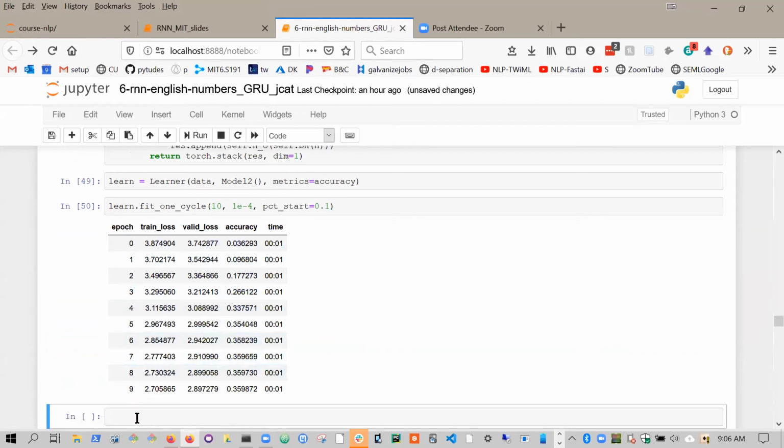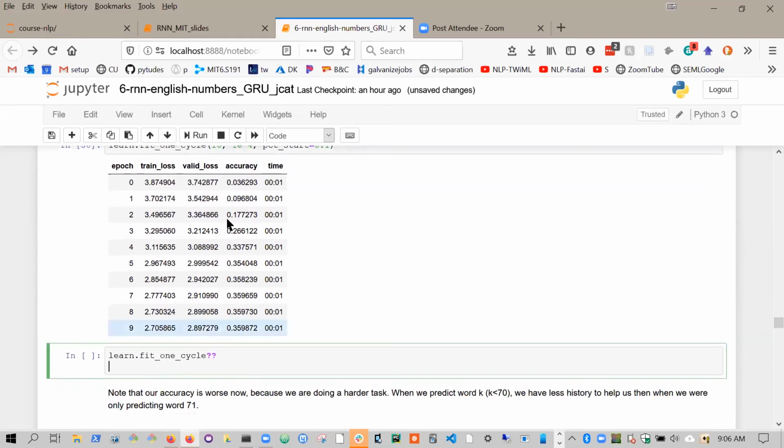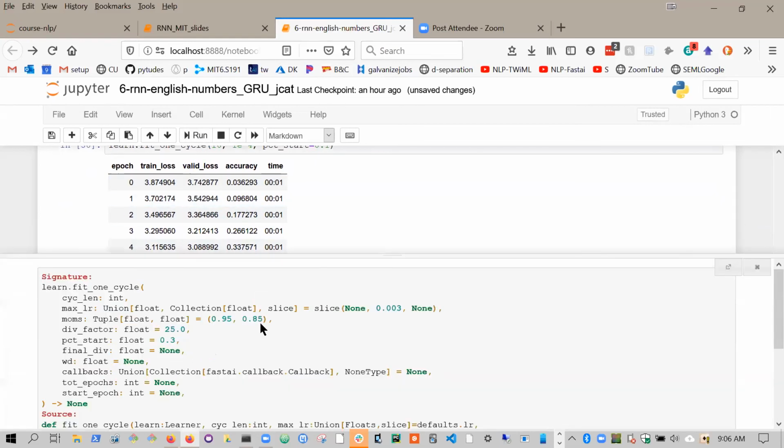We could actually find out if we wanted to. I think we could do something like that to figure out what the slice is.